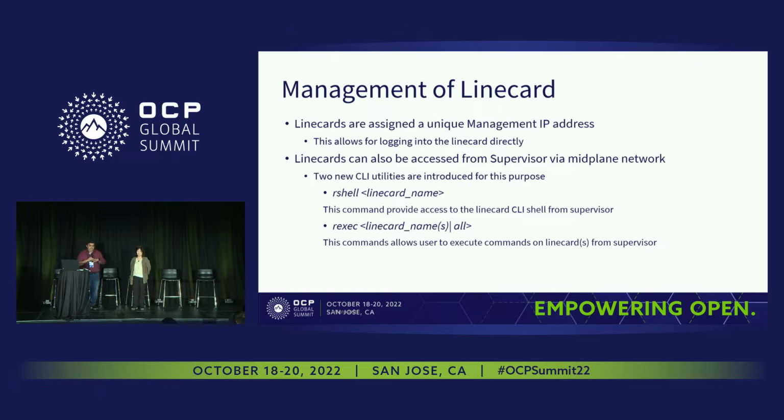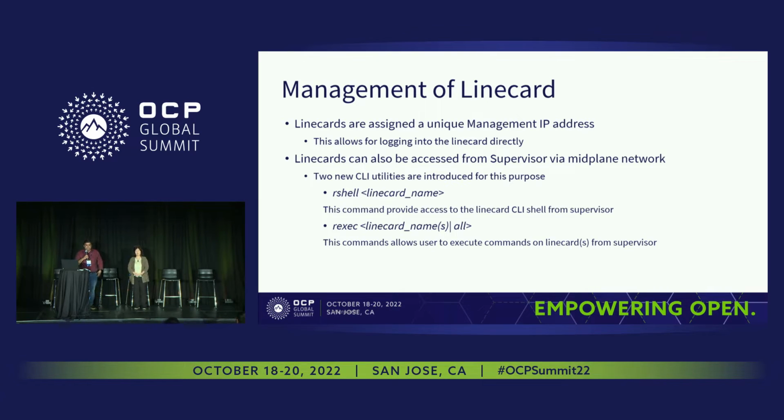So as we model each device independently, we could log into every line card individually, assign them unique management addresses, and do management operations just like we would do on a SONiC pizza box. Apart from that, each line card can be accessed via the internal midplane network as well.